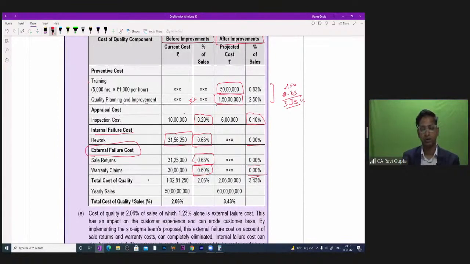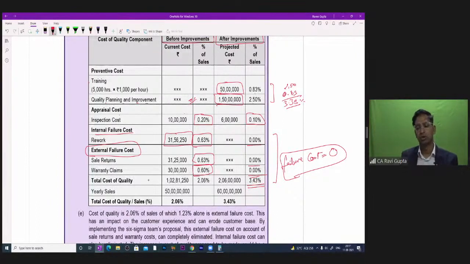So the total cost of quality is only 3.43, and your failure cost is 0. Because you have incurred the cost in your prevention and appraisal cost, your failure cost has been reduced.